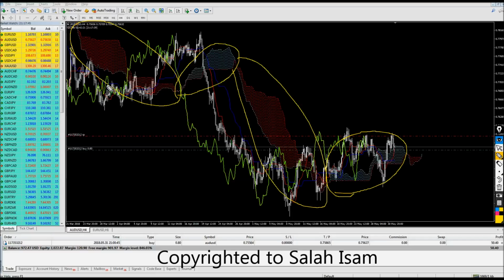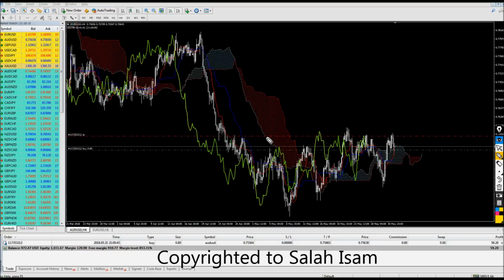And it doesn't really take a genius to understand that when we see a red cloud, it means the trend is going down. When we see a blue one, it means the trend is going up. When we see the candles above the cloud, it will go up. Or if we see them below the cloud, candles will go down.